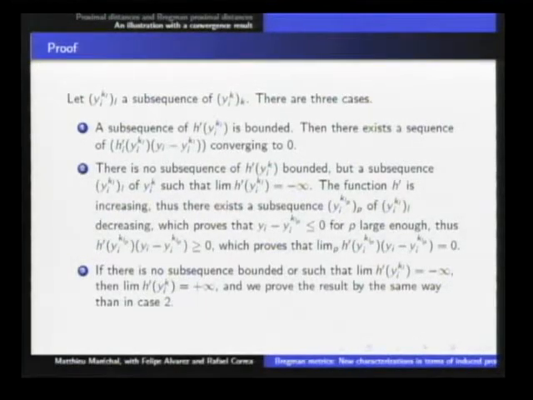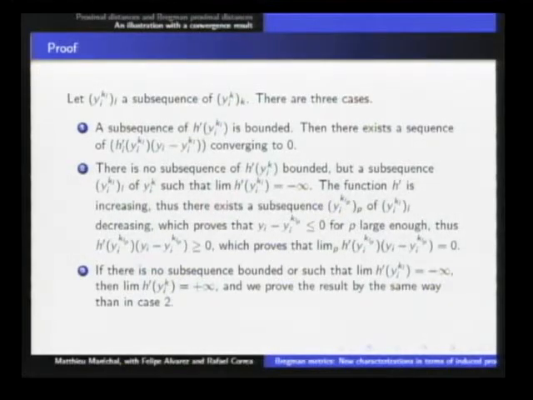The first case is if there exists a bounded subsequence of h_i prime of x_i k_l. In this case, taking this bounded subsequence, this quantity tends to 0. So in this case, we have no problem.